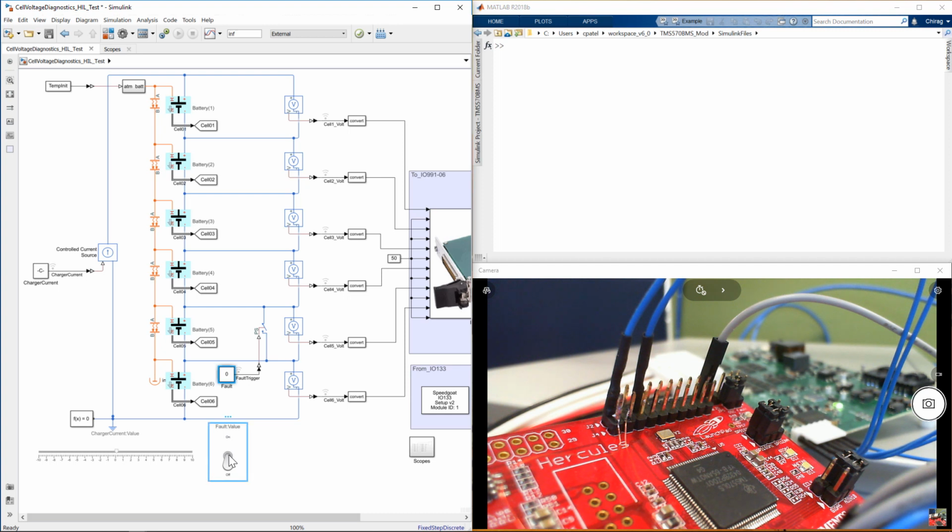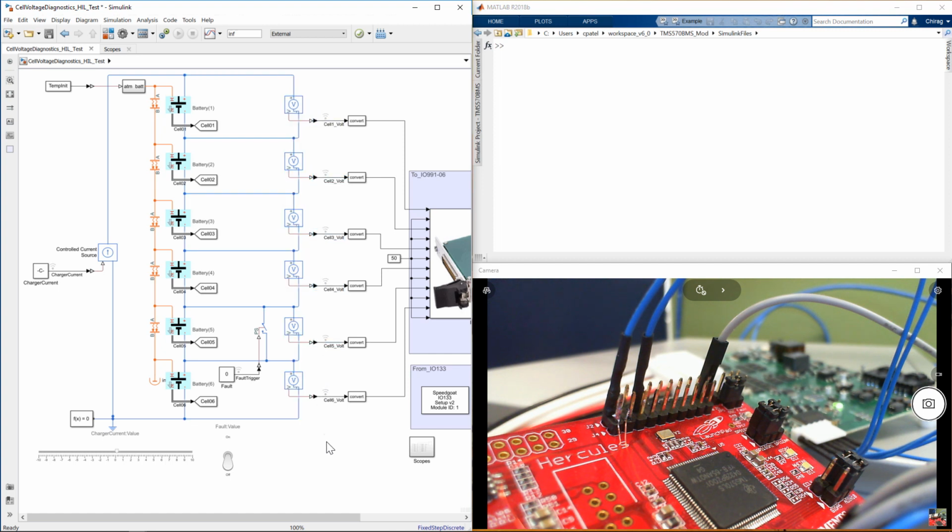We use toggle switch block to inject the fault interactively. A control current source block is used to simulate the charge or discharge current with the help of a slider block. To perform diagnostics on cell, we measure voltage between 2 cell terminals.